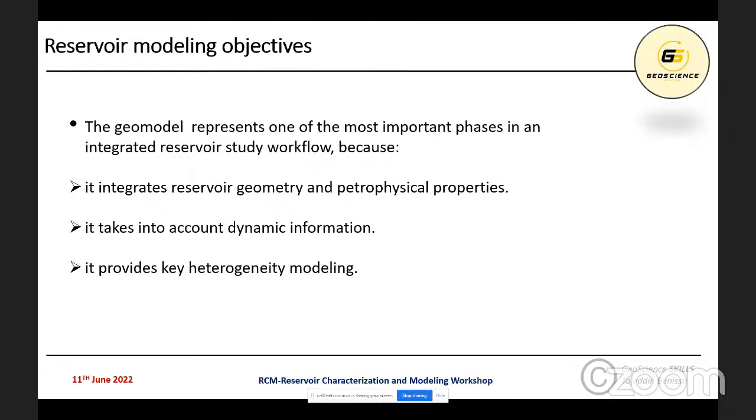Also, you will consider the XPT, that assists geoscientists to define the fluid contacts. Also, the core data, the core analysis, porosity and permeability, all these things should be integrated into the model. Also, it provides key heterogeneity modeling.